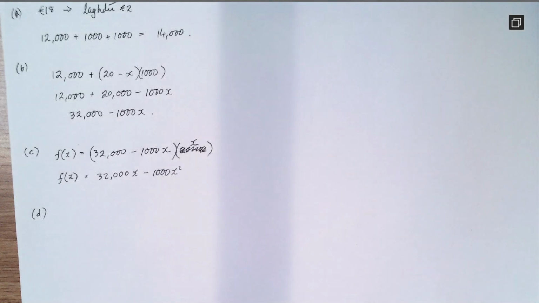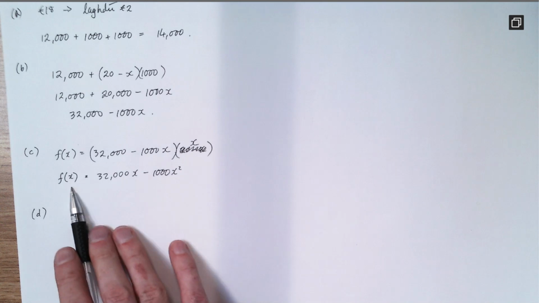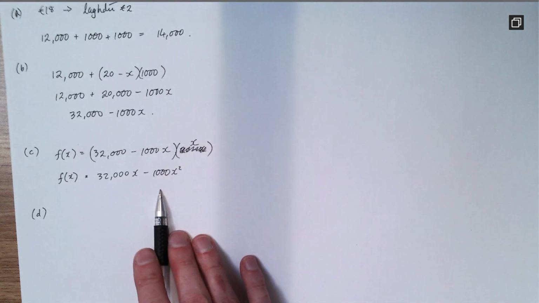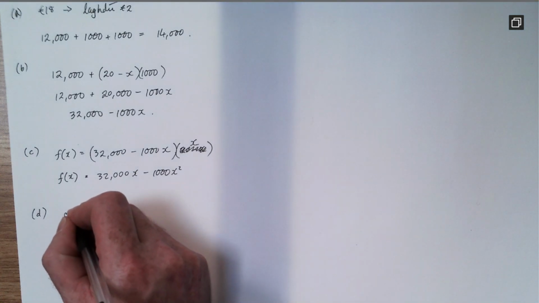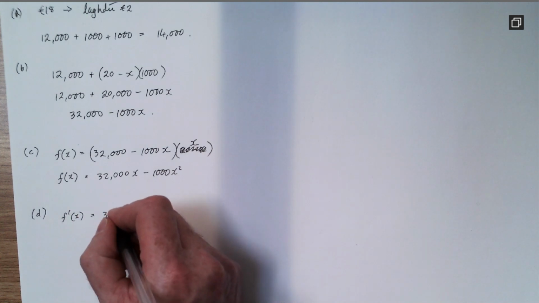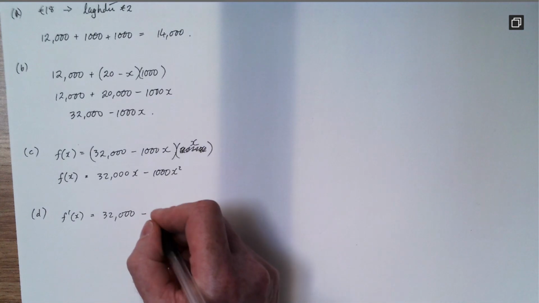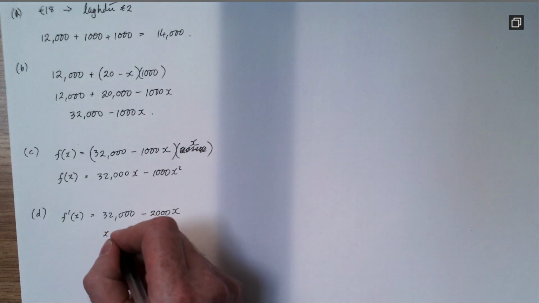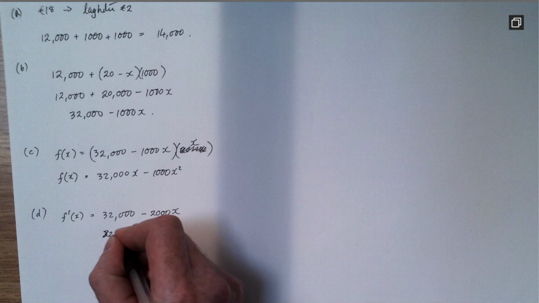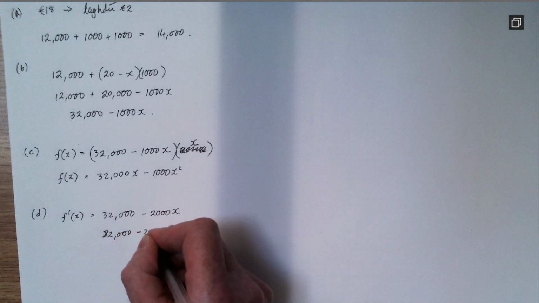Right, part D. Find the price at which tickets should be sold to give a maximum expected income. To find a maximum, you differentiate the function. So f dash of x equals 32,000 minus 2,000x.